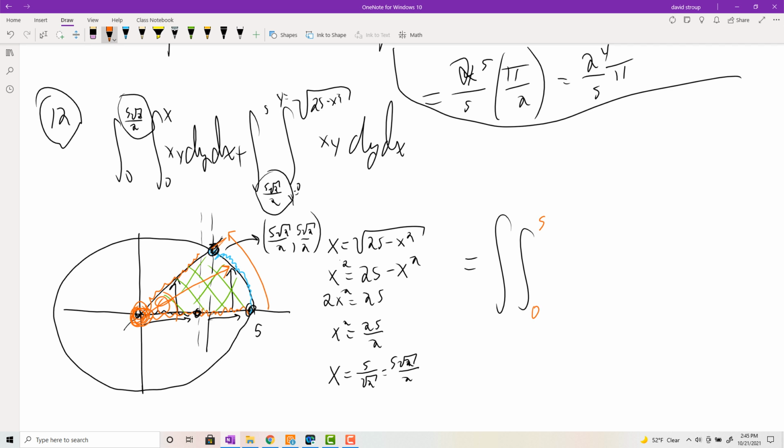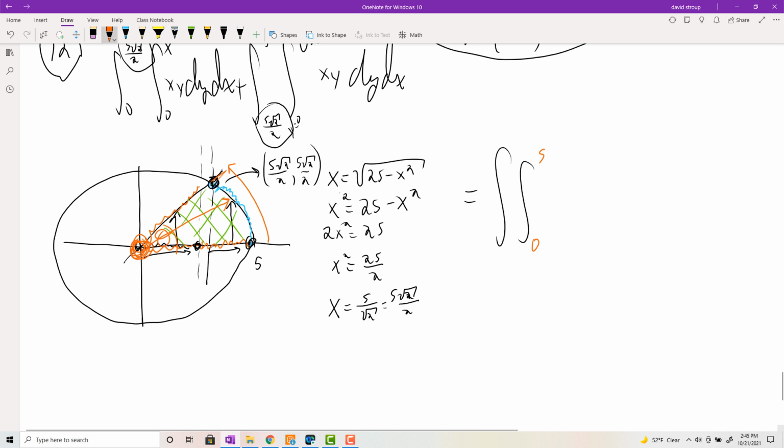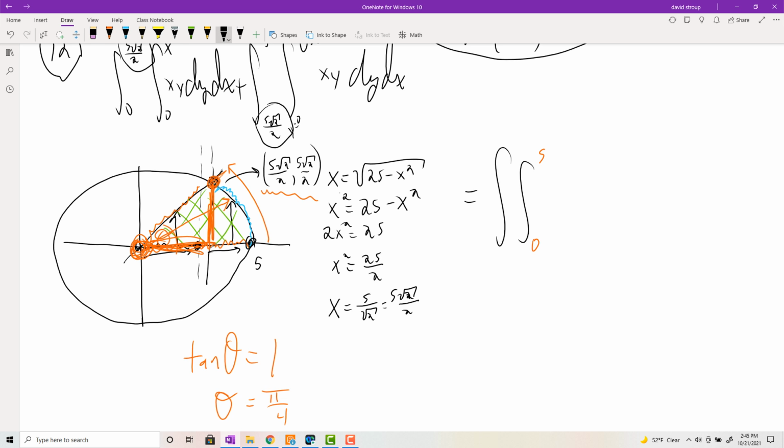I guess right here, it's going to be pi over 4. If you don't believe me, you can always just say, all right, this height right here and this length right here, right? So tan of theta is going to equal y over x. And I already figured out those coordinates, and they're the same. So tan of theta is going to equal 1, so theta would equal pi over 4. So I'm rotating from theta equals 0 to theta equals pi over 4.